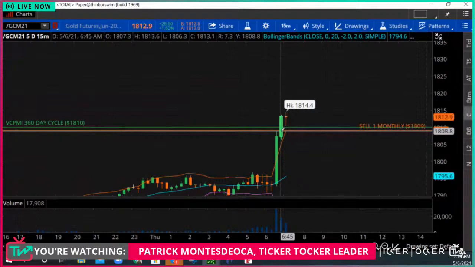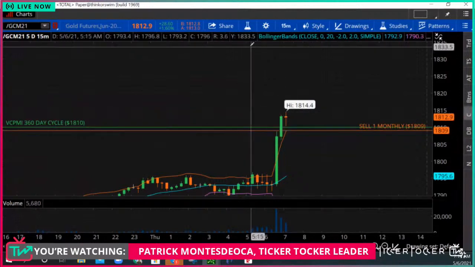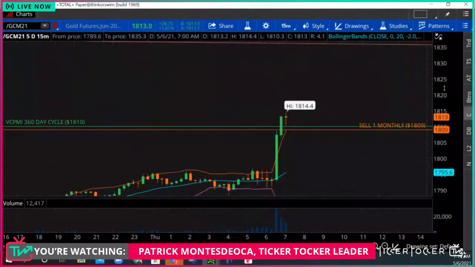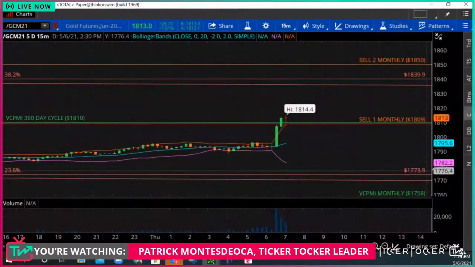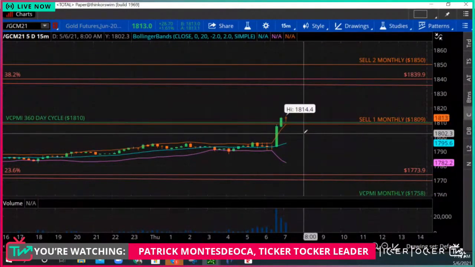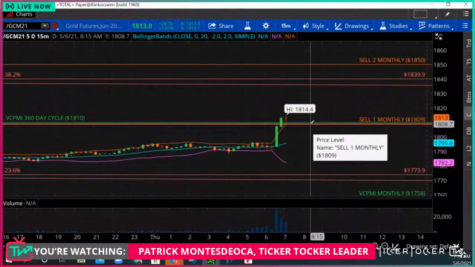So whether we are executing the daily, weekly, or monthly, we use the 15-minute bar. And you can see here a better, closer relationship of the harmonic alignment.